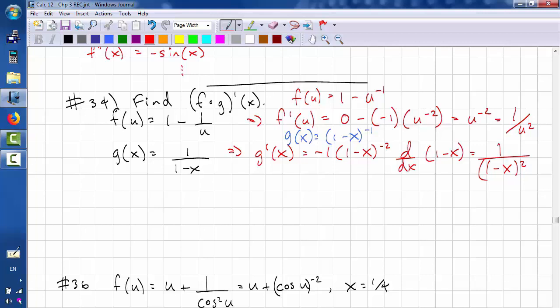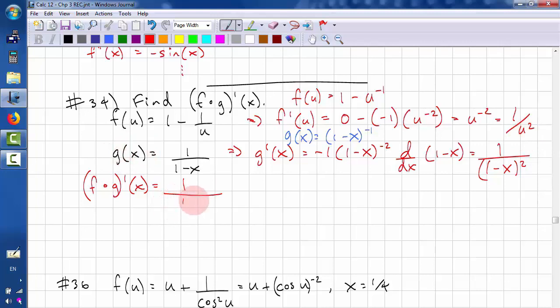Okay, putting it all together, we have f of g prime of x. This is not an expression, so it's okay to do the derivative sign there. So we need to substitute. We need this. So 1 over, we're substituting g of x for u.